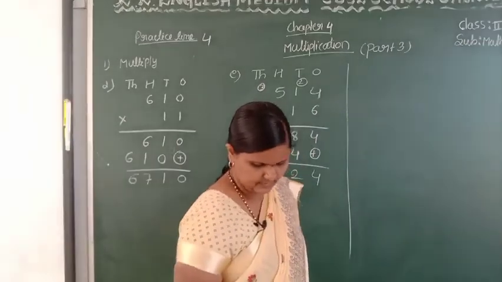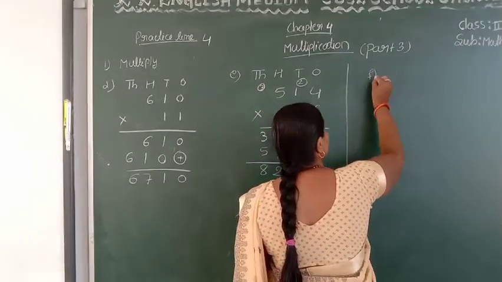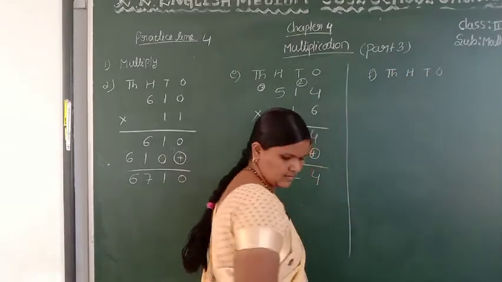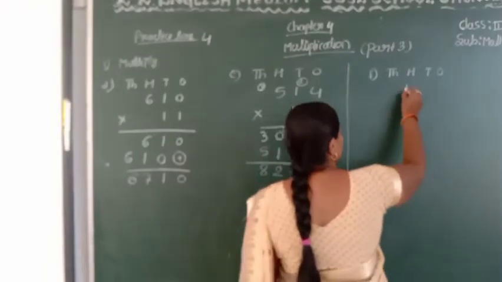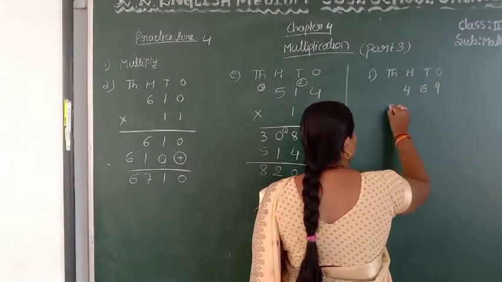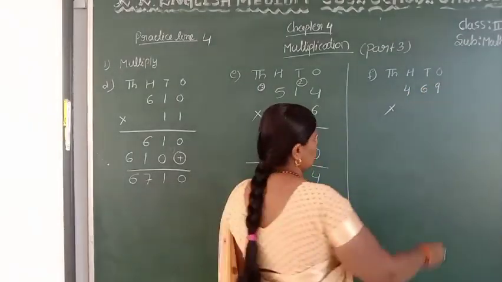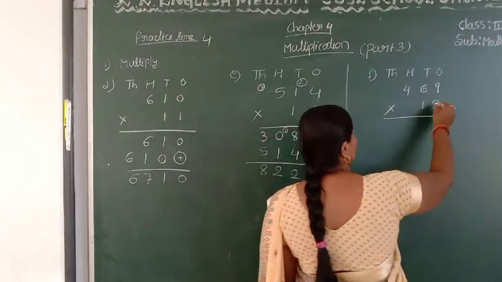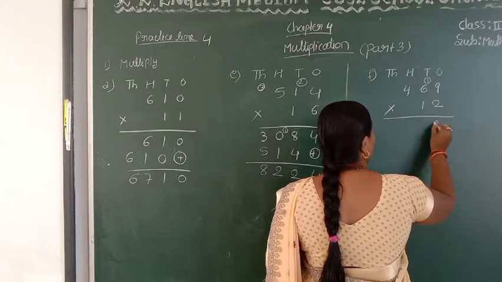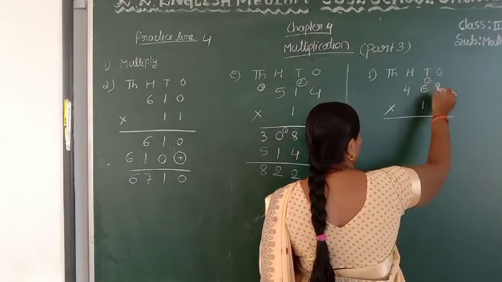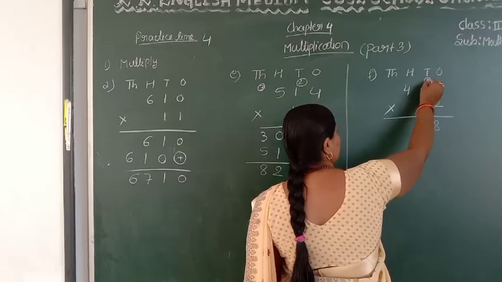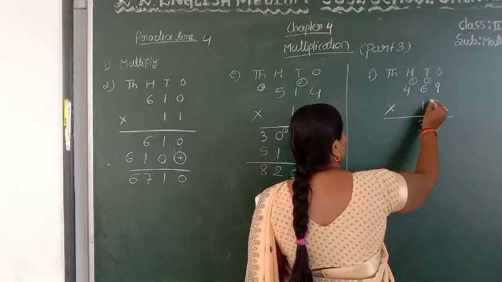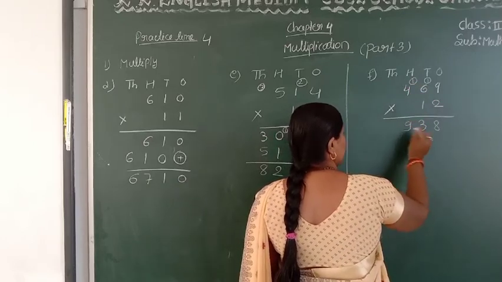Next, last problem. F: thousands, hundreds, tens, ones, 469 into 12. 2 nines are 18, write 8 and 1 carry. 2 6s are 12, 12 plus 1 is 13, write 3 and 1 carry. 2 4s are 8, 8 plus 1 is 9.